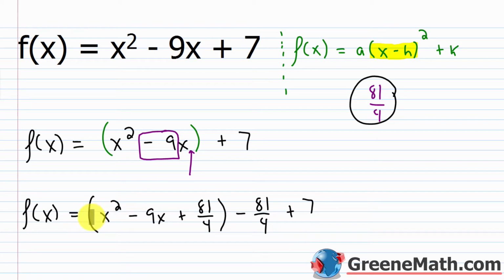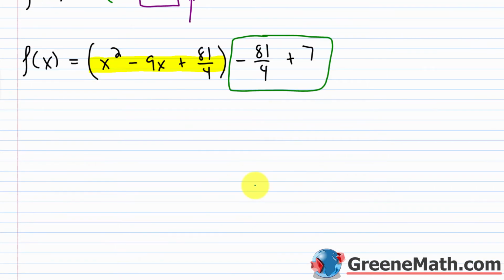So this right here is all together. That's my perfect square trinomial. That's what I'm going to factor into a binomial squared. And then this part right here, we can basically say this is together. So let's scroll down and get some room going, and we'll see what we get. So we have f of x is equal to, most of you remember from special products how to factor a perfect square trinomial.